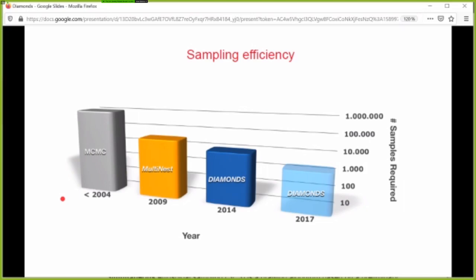Then with the first Bayesian software, written in Fortran in 2009, called MultiNest, it dropped to approximately 20,000 samples. And when DIAMONDS appeared, written in C++, it dropped again, below 10,000 samples, and finally to 1,000 samples to reach exactly the same results.